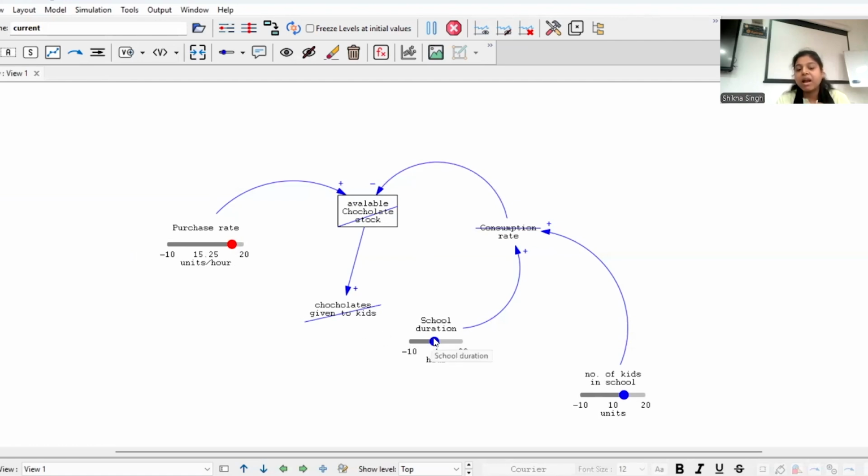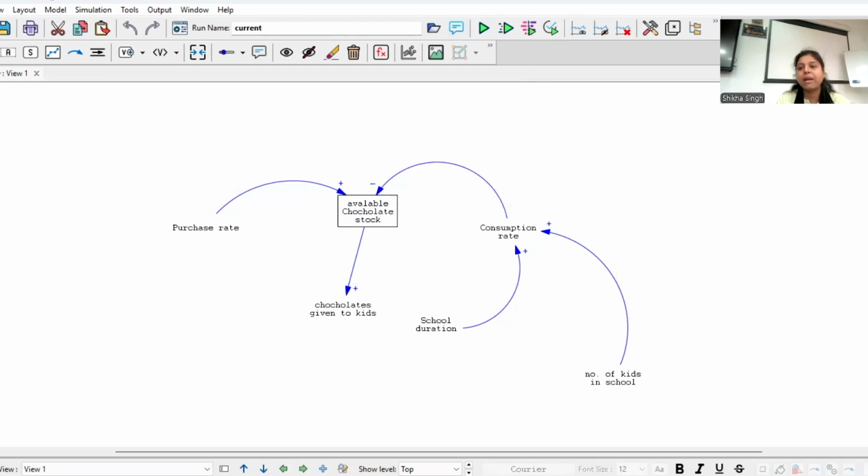And then if I try to understand the school duration, if the school duration is changing, the consumption rate is, you see, increasing, right? So this is how we can analyze. This is called sensitivity analysis, where we express how exactly things work, right? So what I defined so far is just a small example to understand how things are happening.